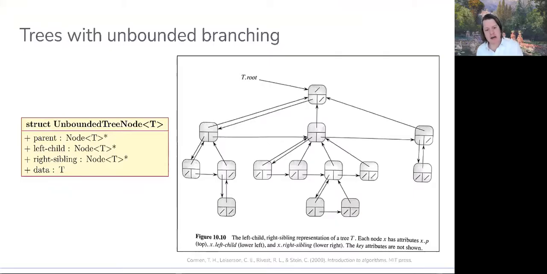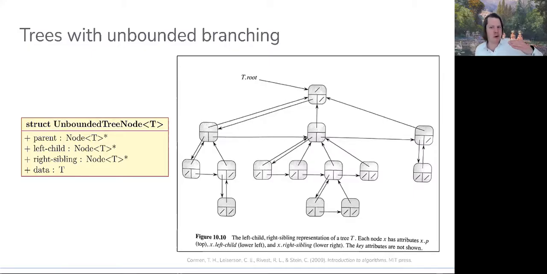The idea here is to create the illusion of an arbitrary number of children for a specific node, and this is implemented within the actual node structure. Instead of containing an array of pointers to all of a node's children, we set up a node to simply have a pointer to its parent, a pointer to its left child, and then a pointer to its right sibling.